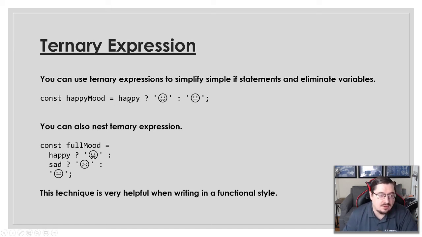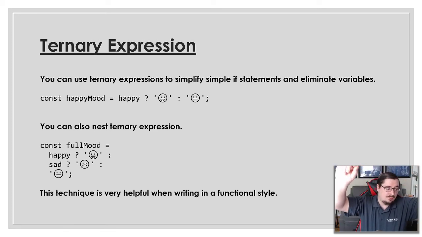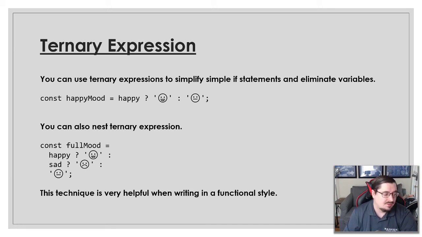Because if I wrote this as an if statement, I would have to say let happy mood, and then if so, set happy mood to this, otherwise set happy mood to something else. So this actually lets me use the const keyword in a place that I might not be able to use it if I had used an if-else statement.